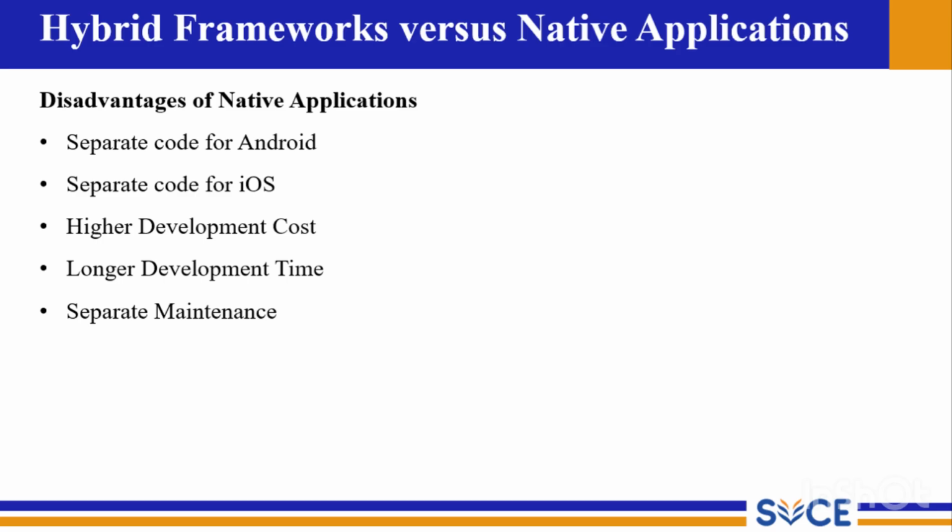As a result, development cost increases, maintenance becomes more complex, and updates need to be implemented separately for each platform. For startups or small businesses with limited budgets, this approach may not always be practical.